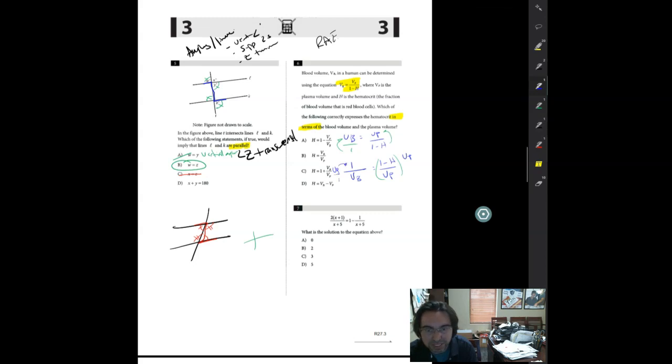So I know VP has to be on top, so immediately I can eliminate A of sorts on that one. And VB is on the bottom, so that D does not look like a good answer choice there. So as we continue, we've got VP over VB equals 1 minus H.